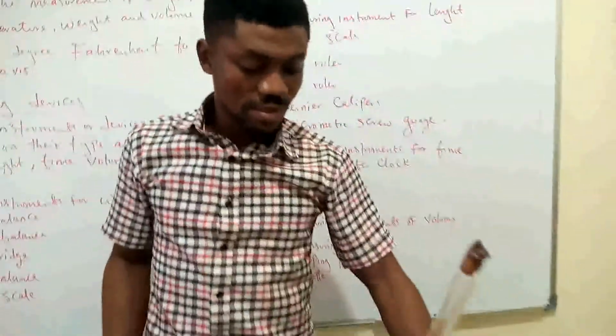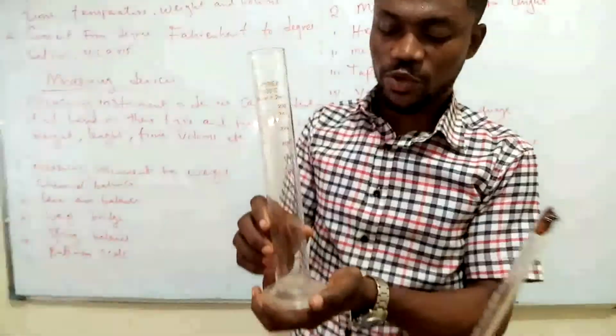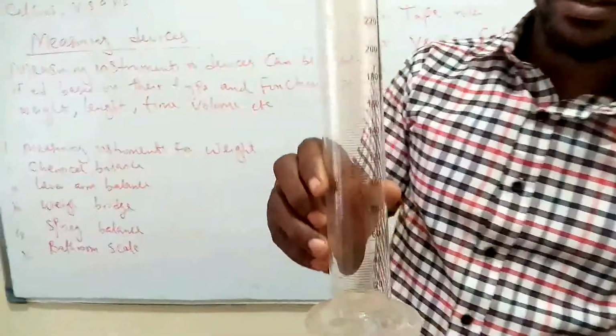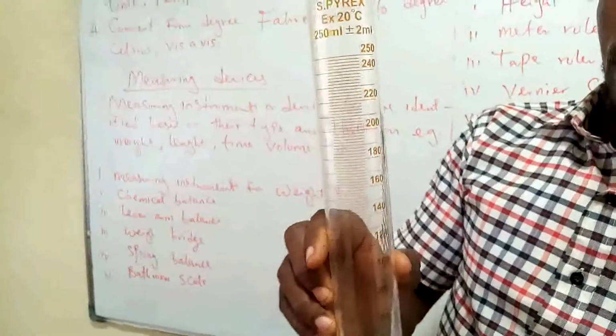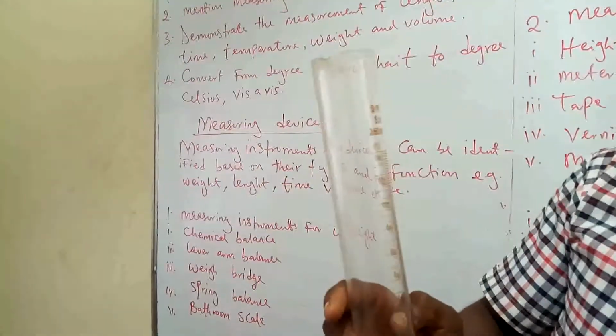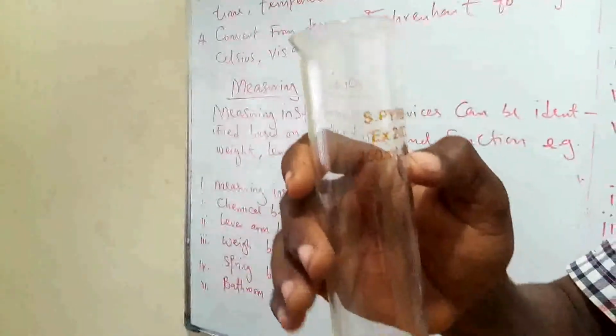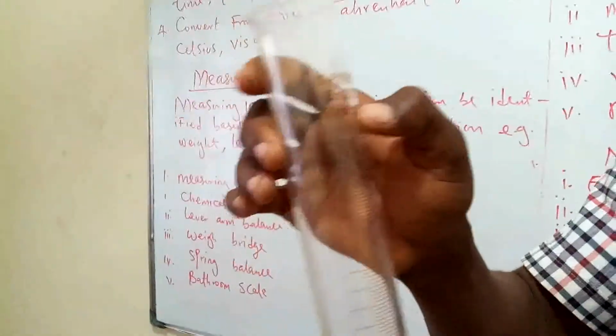Now, this is a measuring cylinder. This is what a measuring cylinder looks like. Have you seen? And it is 250 mil plus 2 additional mil. You can just say this is a measuring cylinder of 250 mil.